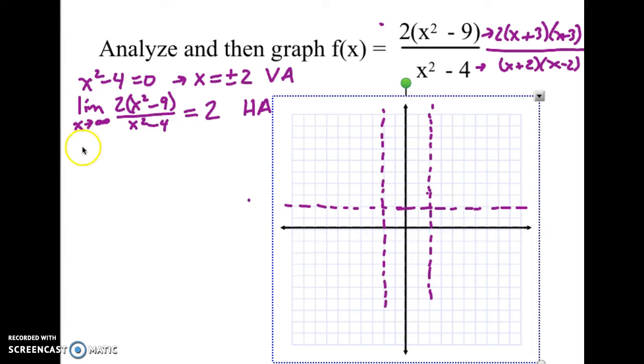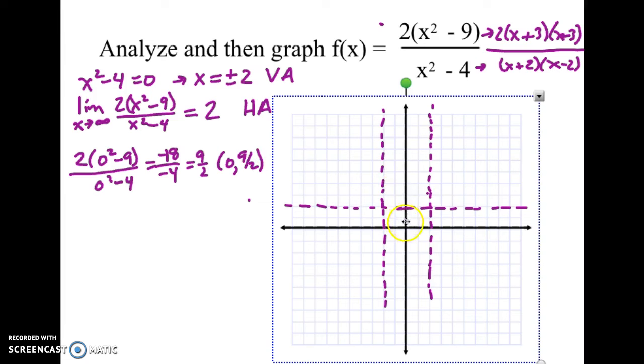Something else that's going to be helpful is to find the x and y intercepts. If we put 0 in for x, we get negative 18 over negative 4, which reduces to 9/2. So when x is 0, y is 9/2. That point, (0, 9/2), which is 4.5, is our y-intercept.